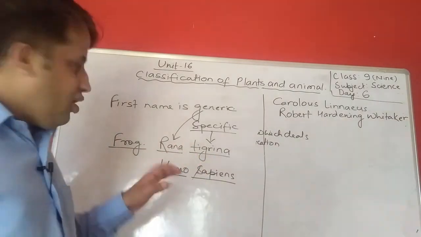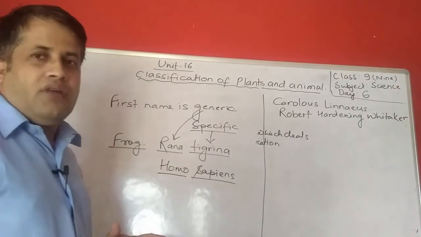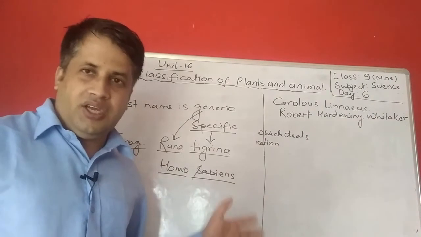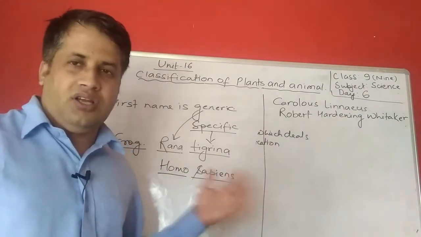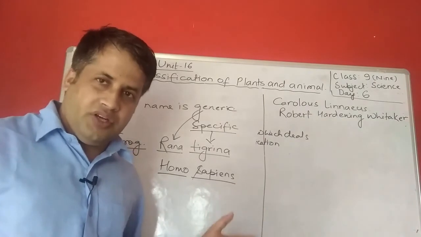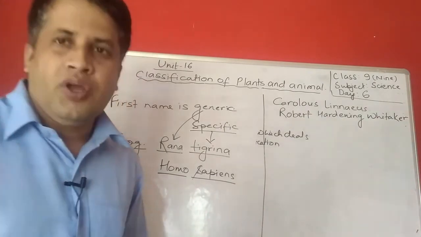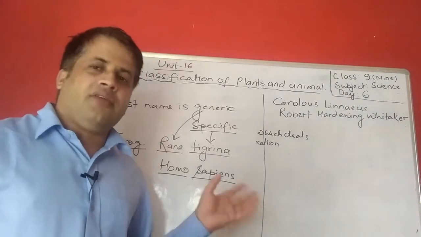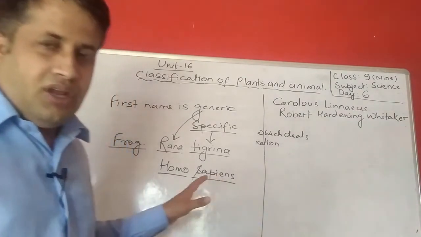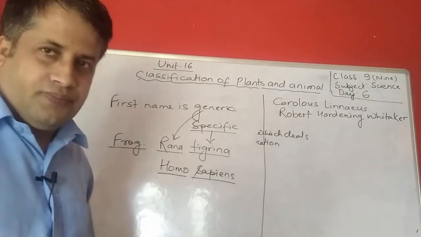It is necessary to do so, and whenever it is printed in a book, it is italicized, in italic font. So this is the way of naming organisms using Latin words.